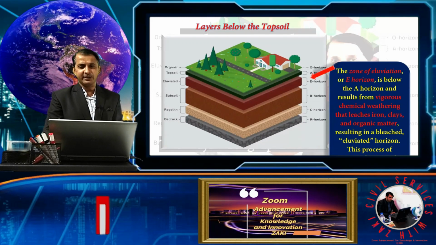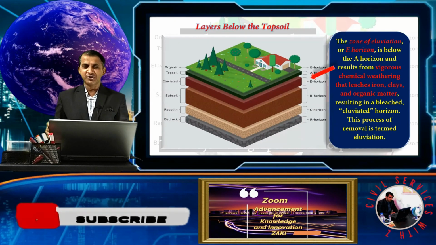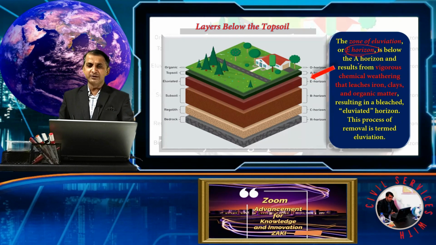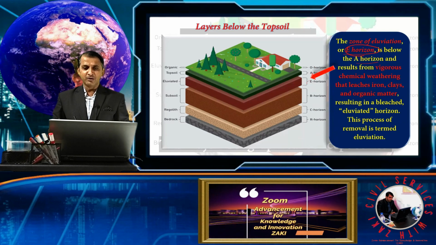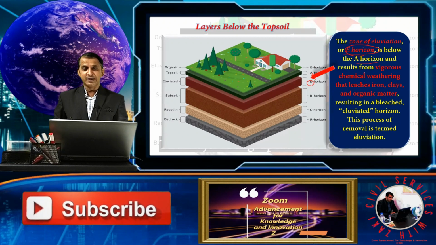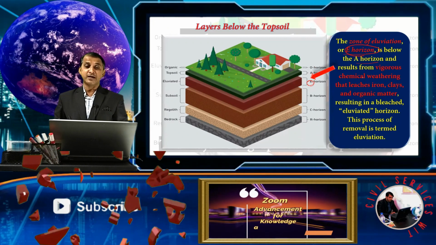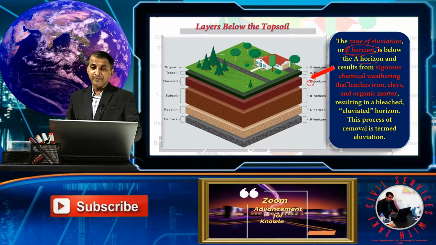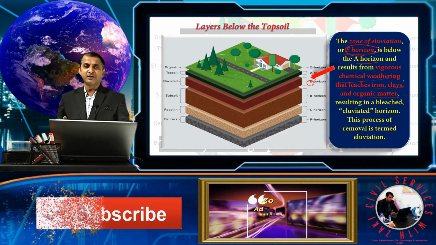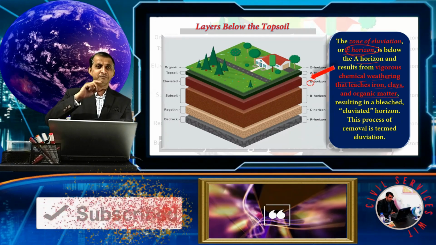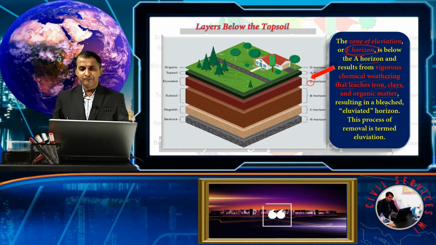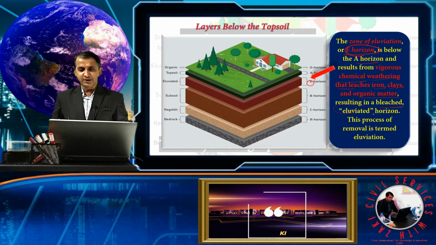Next layer is the zone of eluviation, the E horizon. The E horizon is below the A horizon. It results from vigorous chemical weathering and the leaching of iron, clays, and organic matter, resulting in a bleached eluviated horizon.